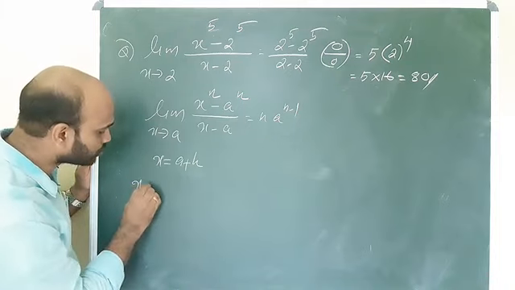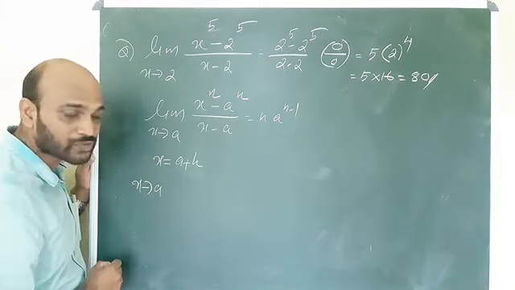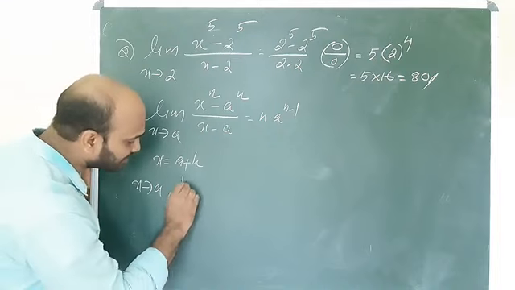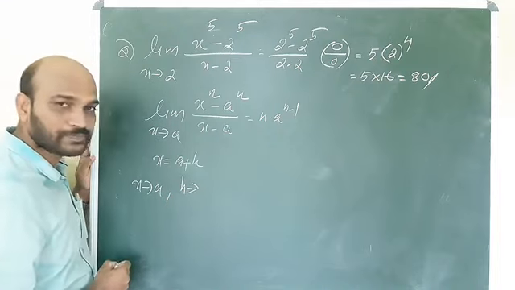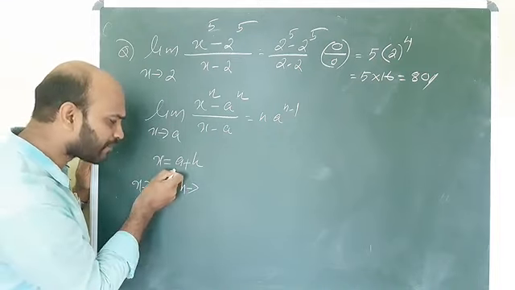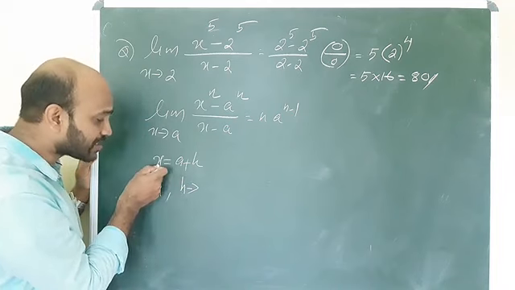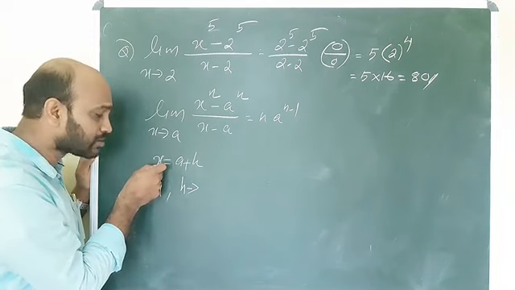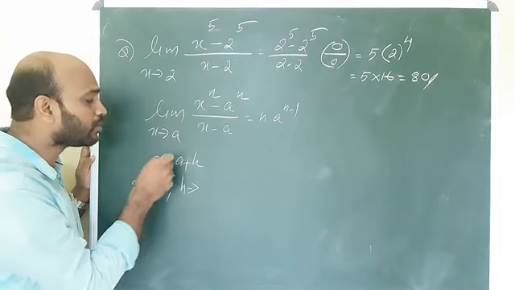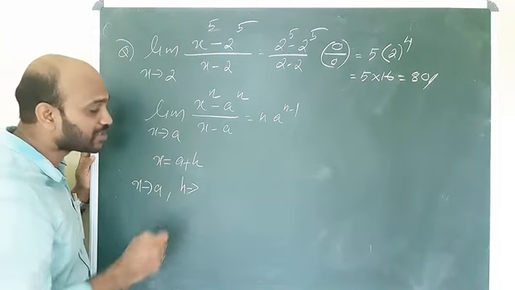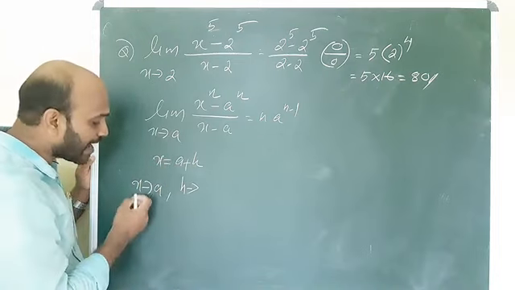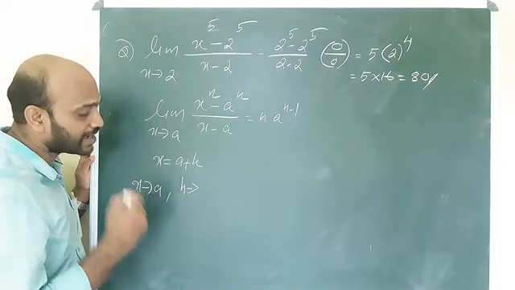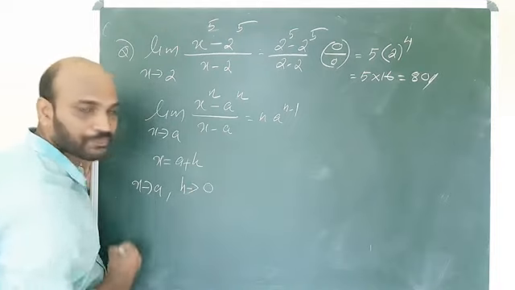As x tends to a, when x takes values very near to a, h takes values very near to 0. You can find that from this equation. When x takes values very near to a, this equation changes to a equal to a plus h. So h equal to 0. So as x tends to a, h tends to 0. Okay.